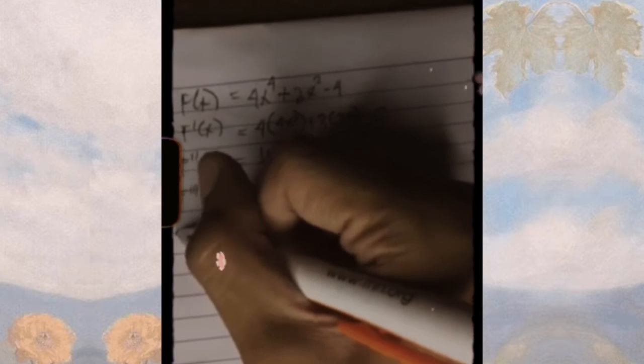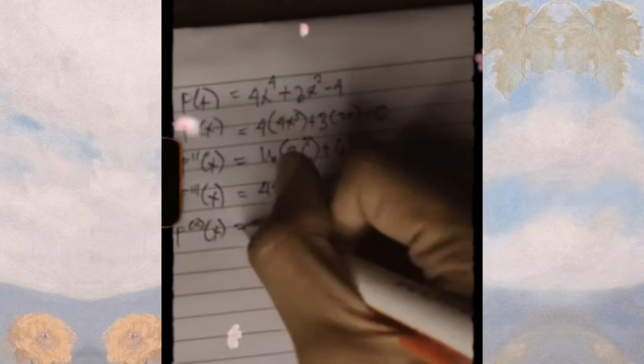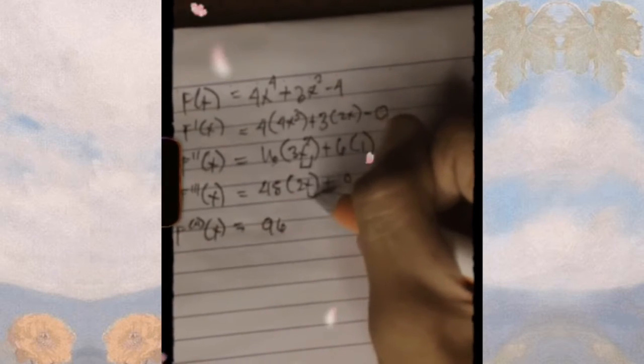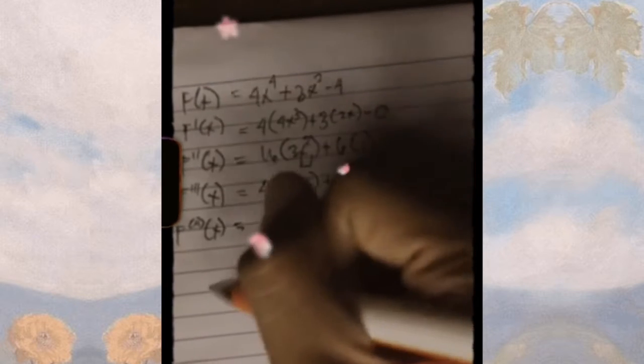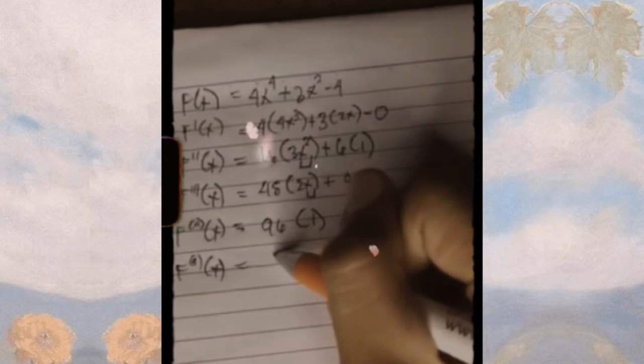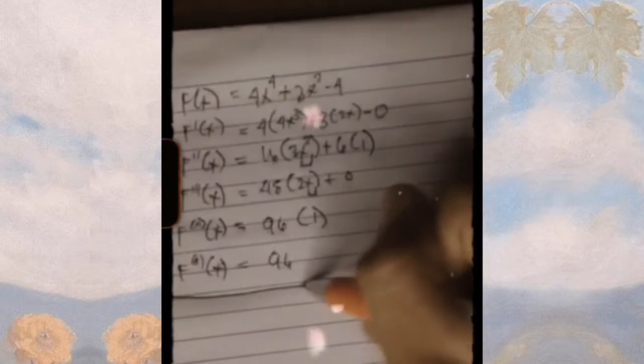And the fourth derivative is equal to 96 because 48 times 2 equals 96, and the derivative of x is 1. And our final answer is f prime of x is equal to 96.